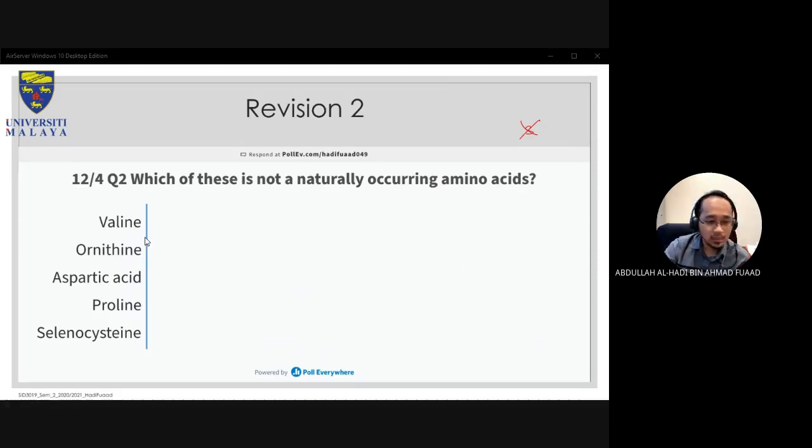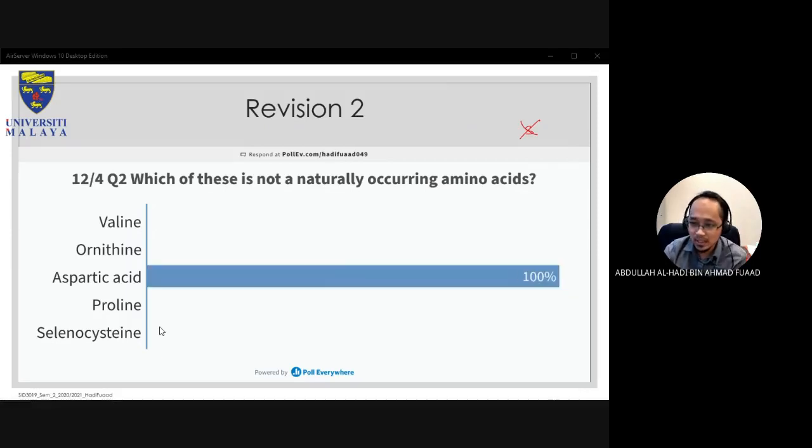Second one is ornithine. Number 3 is aspartic acid. Number 4 is proline. And number 5 is selenocysteine. Which of these is not a naturally occurring amino acid? Okay, so 1 minute for you to choose.